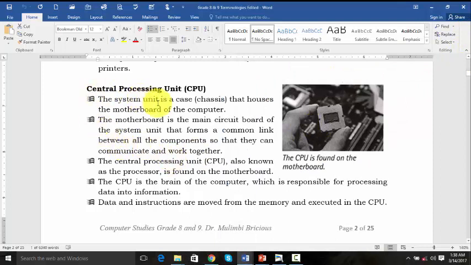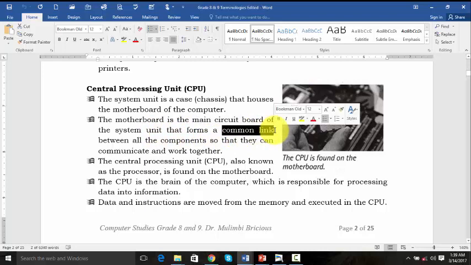So the system unit, we know for sure that this is the box, is a case or chassis that houses. Now houses means that this is where we find all the inside components of the computer. It houses the motherboard of the computer. The motherboard, as we saw in the last video there, is the main circuit board of the system unit that forms a common link.